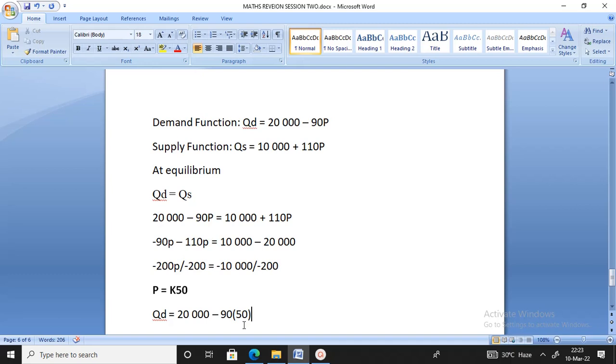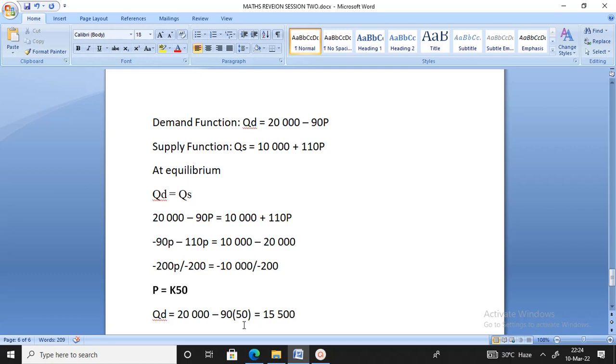So the quantity at the end of the day is going to be: 90 multiplied by 50 is 4,500.